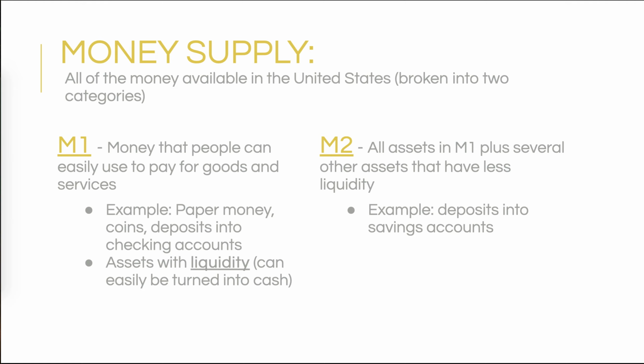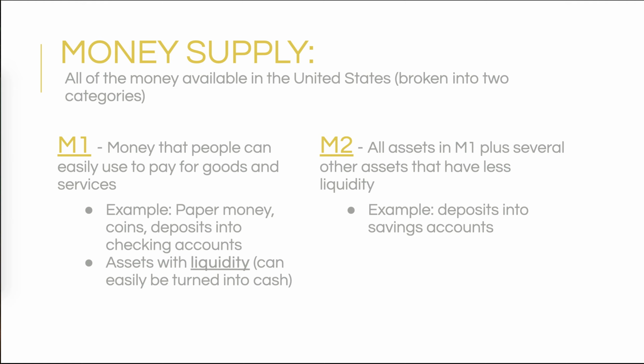Okay, so money supply. When we're talking about the US money supply, we're talking about all of the money that's available in the United States. We break that down into two different categories, M1 and M2. M1 is the money that people can easily use to pay for goods and services. That would be our paper money, our cash, our coins, and deposits into checking accounts.